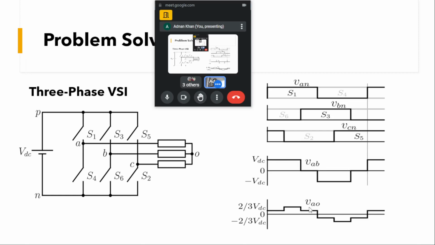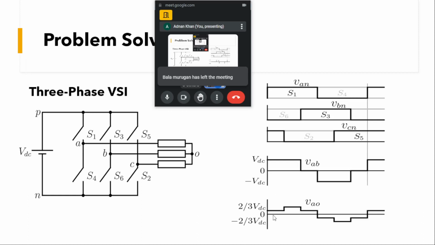Now we wanted to generate the phase voltage VAO. So VAO will be equal to VAN minus VON.